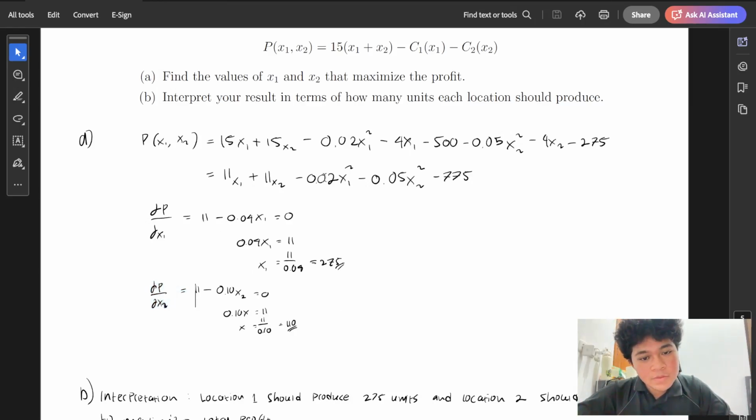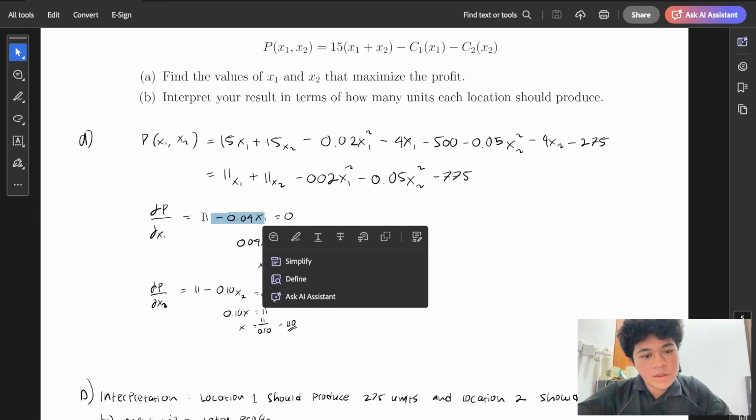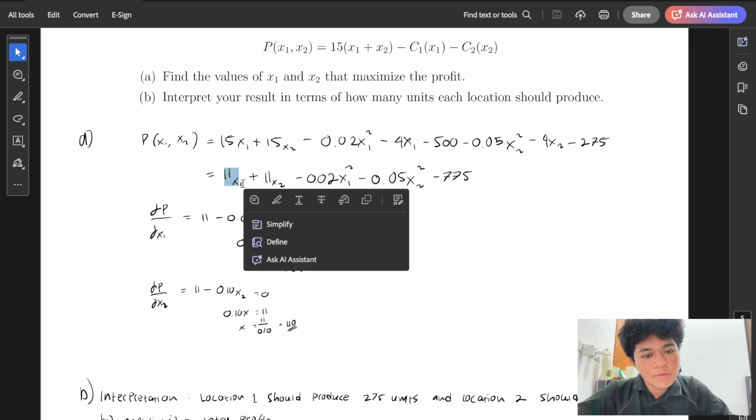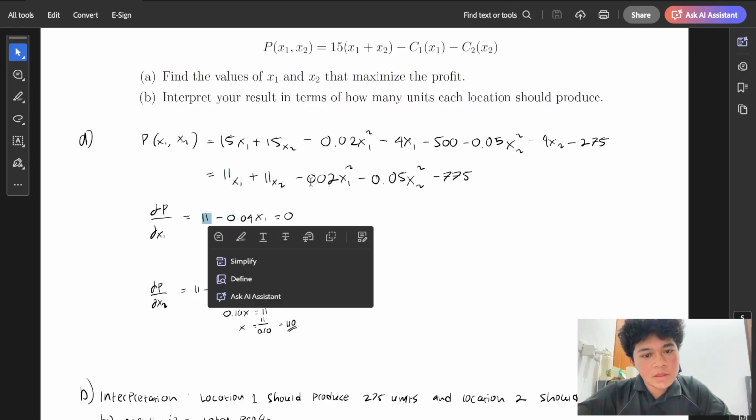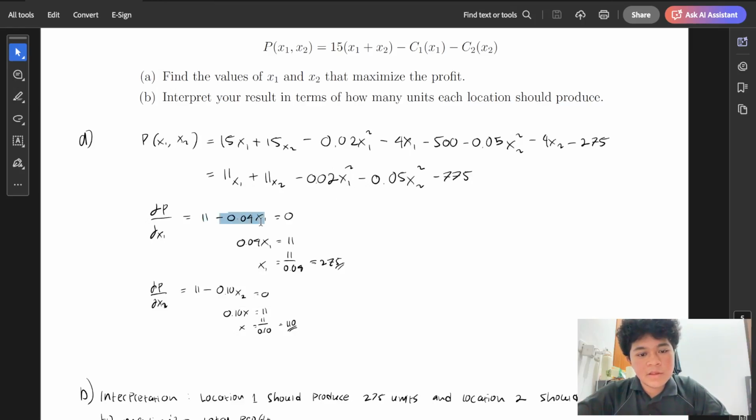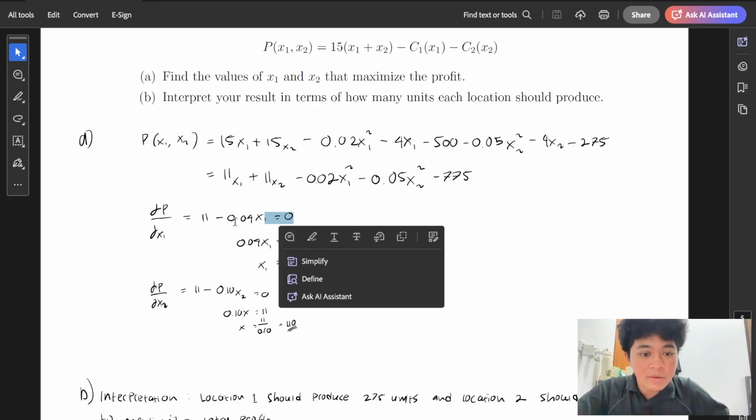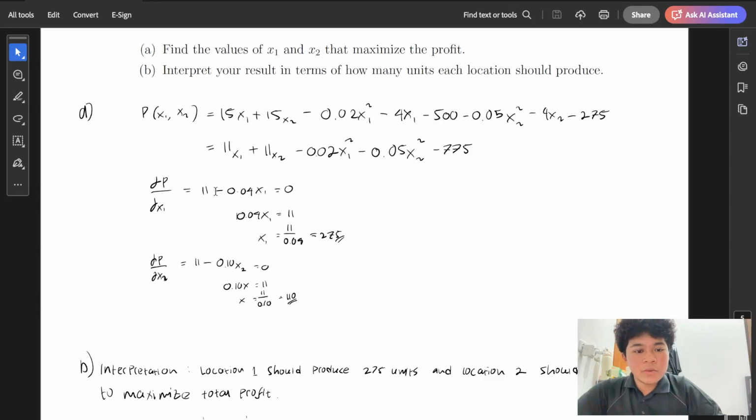So it will give us this, from this, and moving forward it becomes 0.04 x1, minus. We set this to 0 because we want to find the critical point. So we know that minus 0.04 x1 equals minus 11.